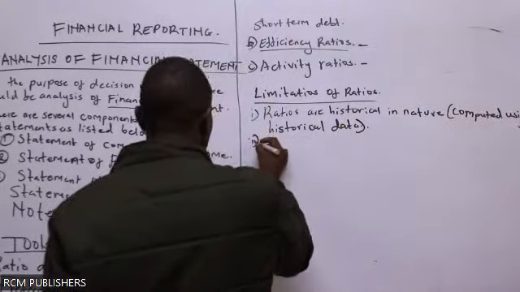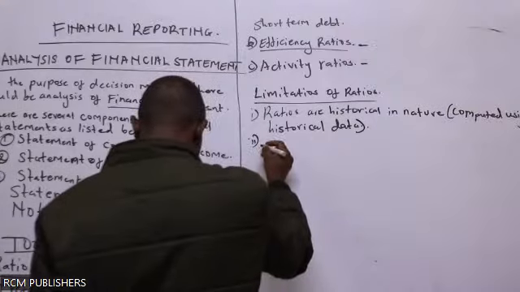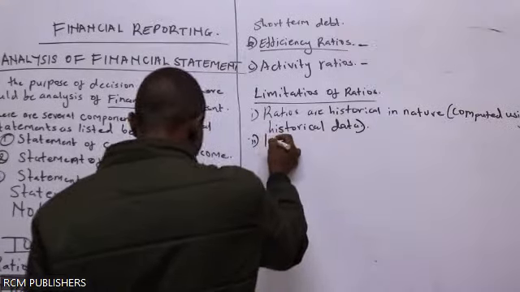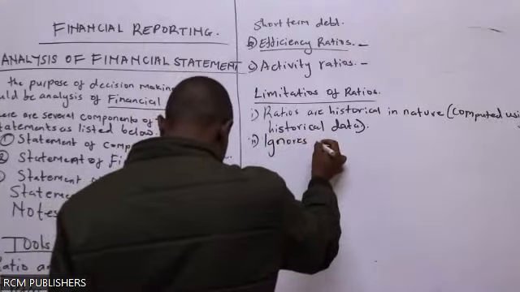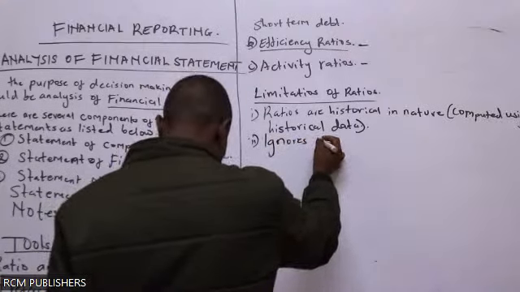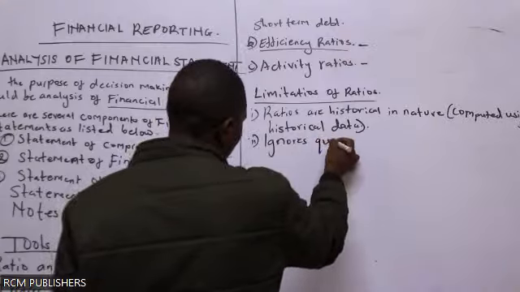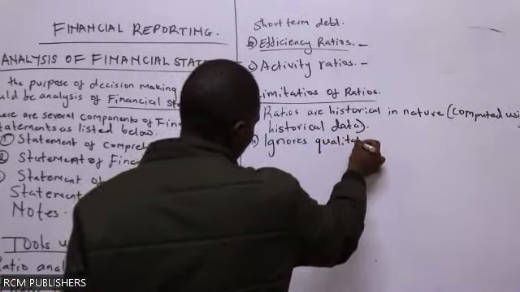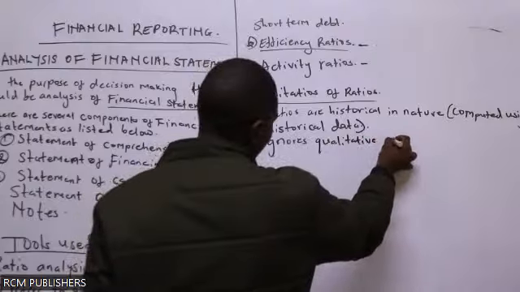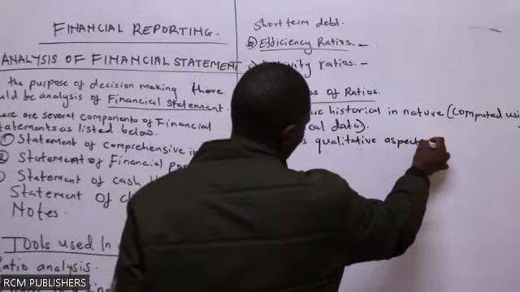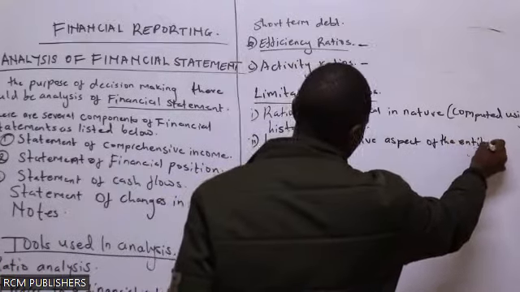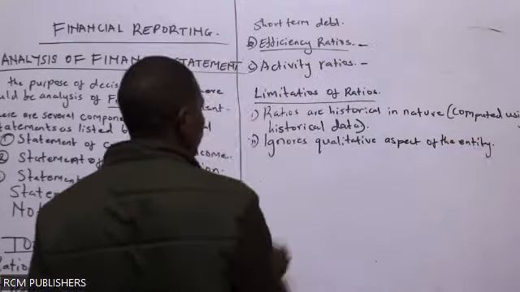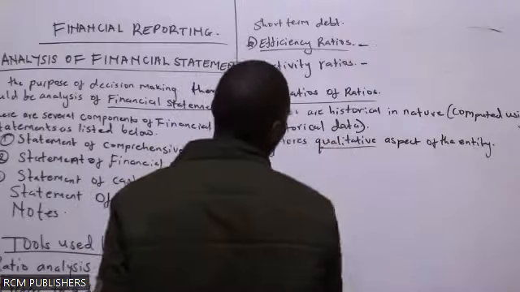Two, another limitation of ratios is that they ignore the qualitative aspect of the entity. They ignore the qualitative aspect of the entity.